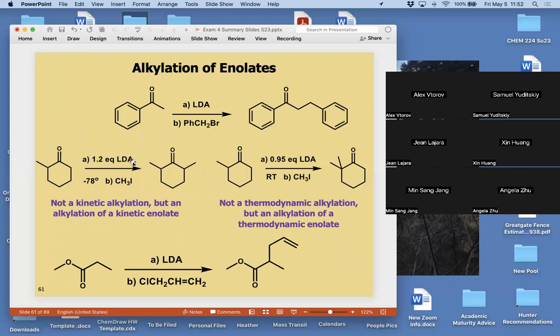Okay, enolates can be alkylated. I'm only showing you relatively easy examples, basically primary or methyl, which is easier.